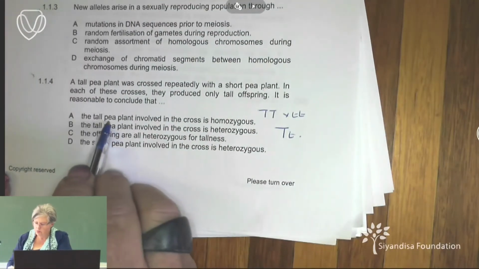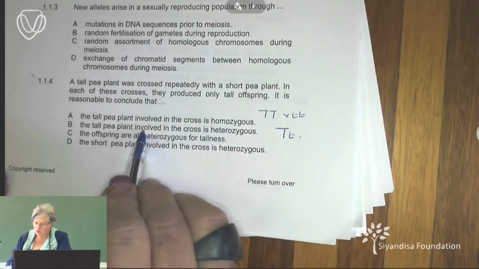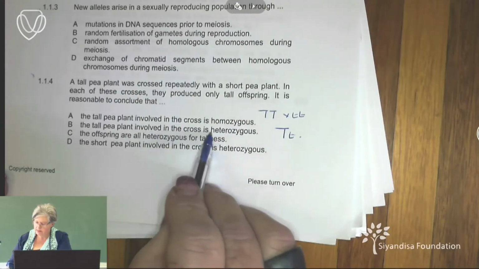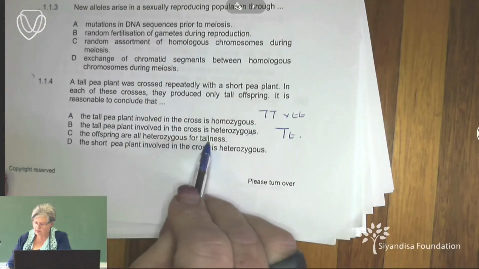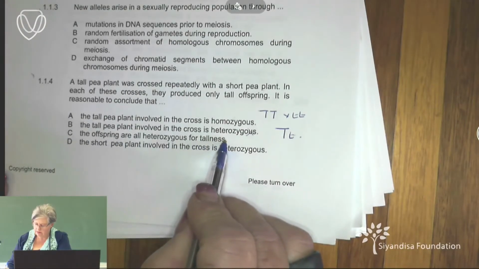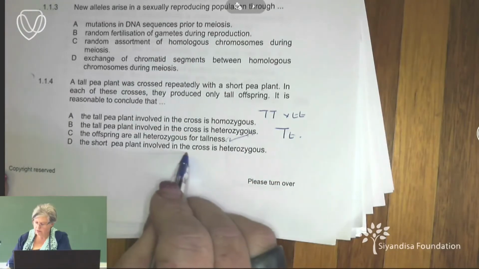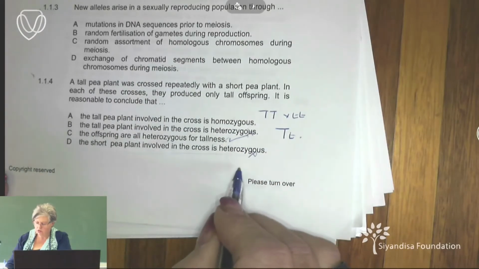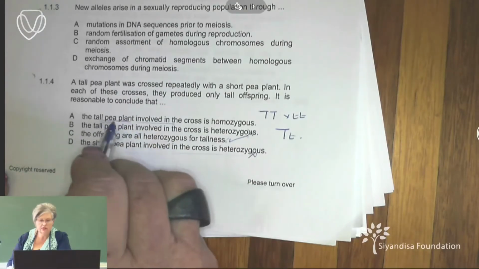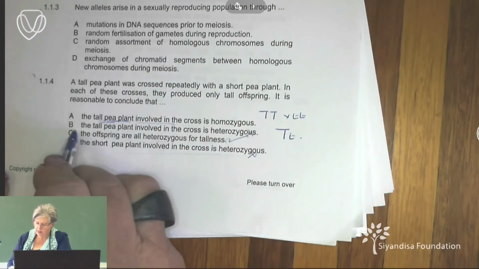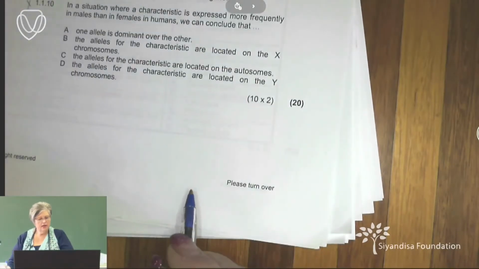So, the tall pea plant in the cross is homozygous. The tall pea plant is heterozygous, that's not true. The offspring are heterozygous for tallness, so that one is true. The short pea plant is heterozygous, not true. Here it said both the tall pea plant and the short pea plant. So the correct answer here is number C.